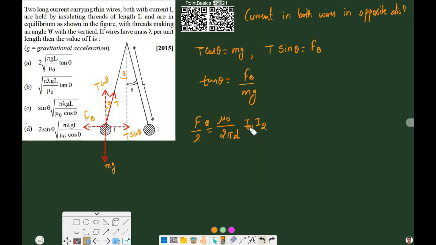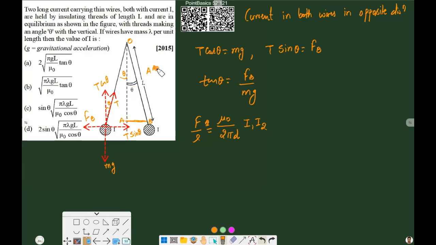In this scenario, we have current same, and the value of d is the distance between these two conductors. So if I mark a line here, suppose AB, and this is O, so OB is equal to L, we have an angle theta here, then AB is equal to L sin theta.